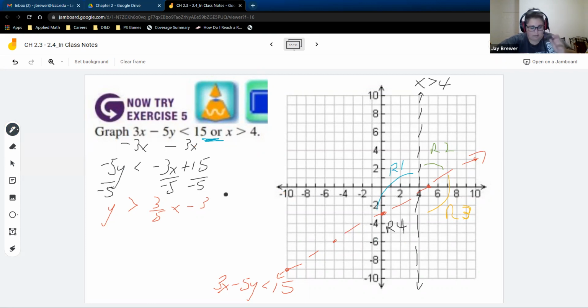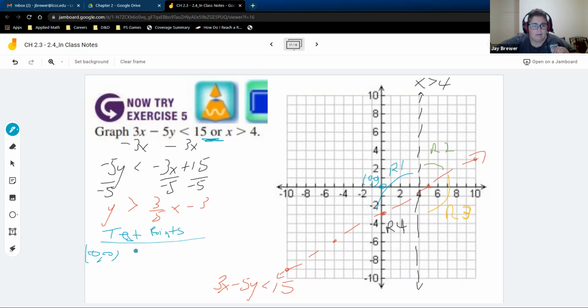Okay, and now we need a handful of test points. So we can still use 0, 0, and that puts us in region 1. So there's going to be a lot of test points.